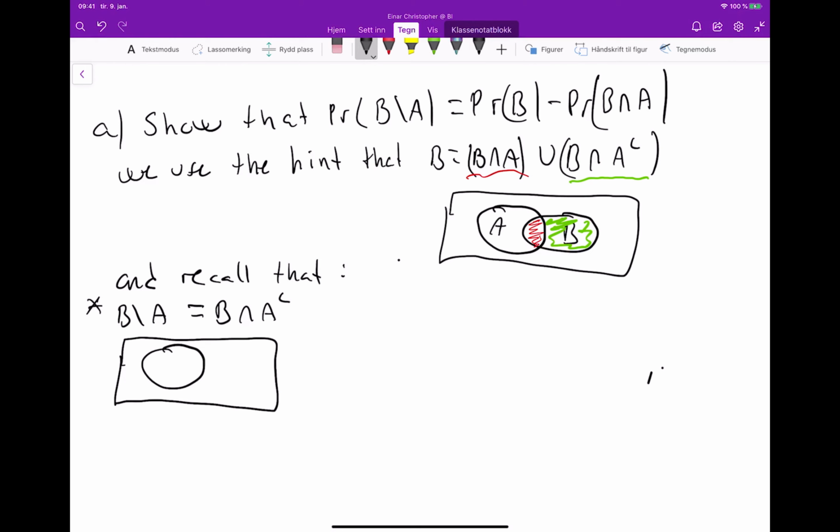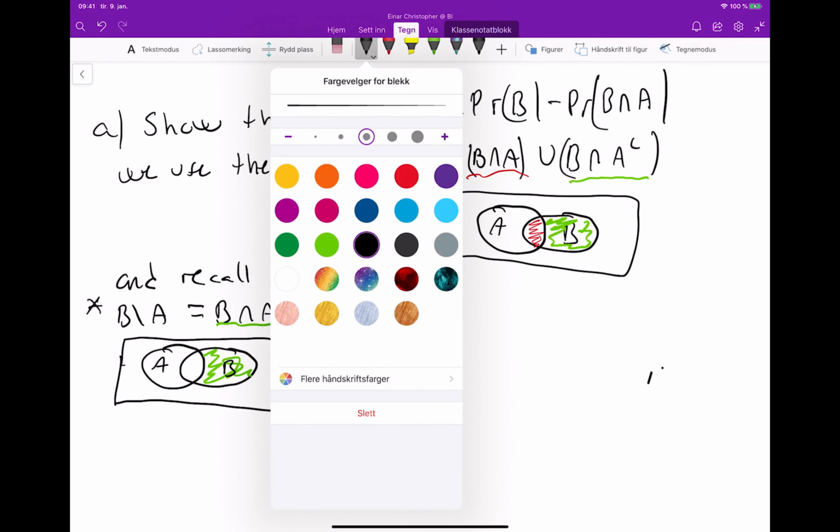So if I make A there and B here, so where is B and A complement? That's actually just the green part here. If this is A and this is B. And B minus A is just all in B, which not contains any from A. So then we understand the equality, hopefully.